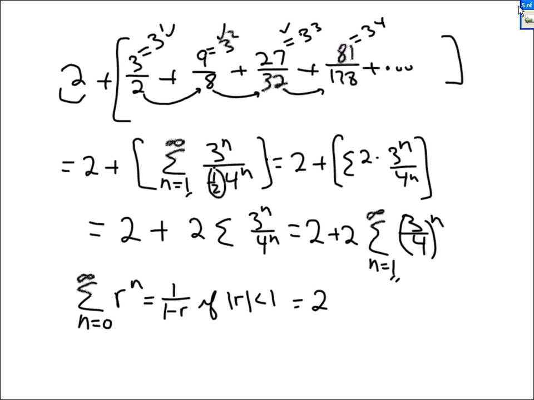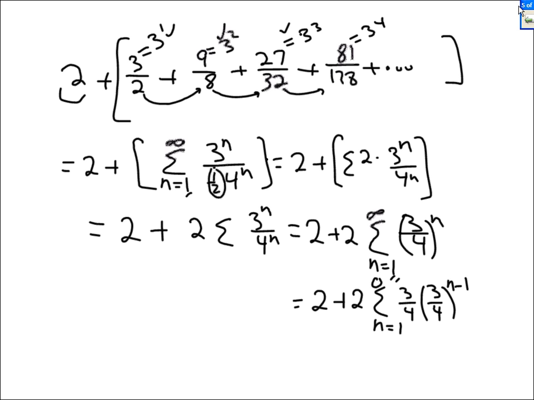Now, if I were to factor out the 3/4, then this would be 3/4 to the n minus 1, and n goes from 1 to infinity. In fact, let me erase the rule I just stated, and due to space, let me move this over.